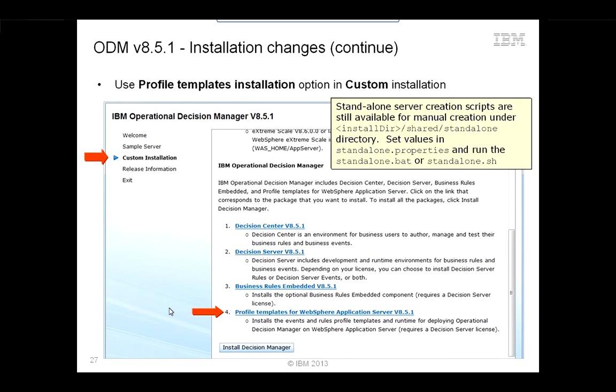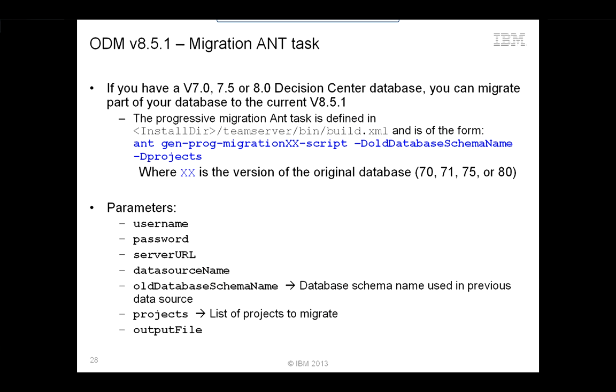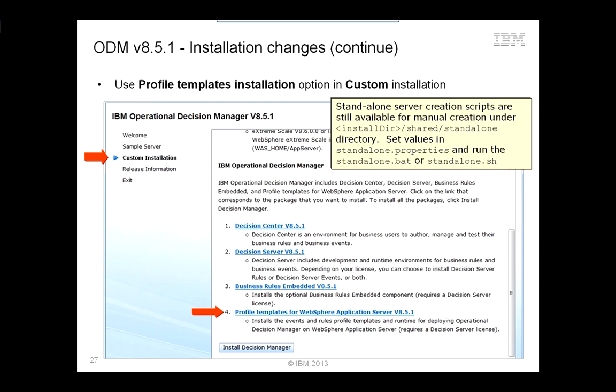Okay, so what you're going to do instead is, from the Launchpad, just go ahead and select Custom Installation, and then select Profile Templates for WAS. So basically that's how it's done now. They significantly improved the installation process.